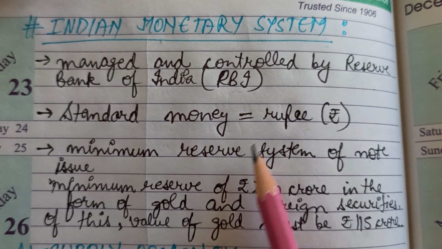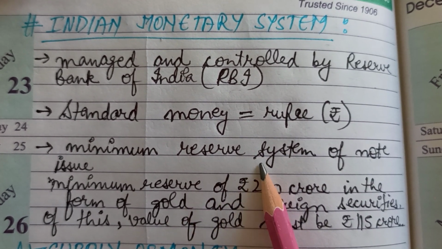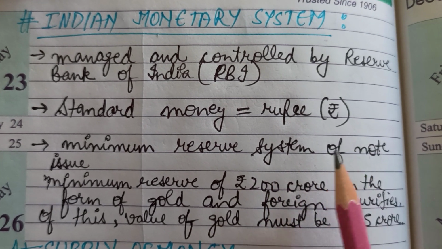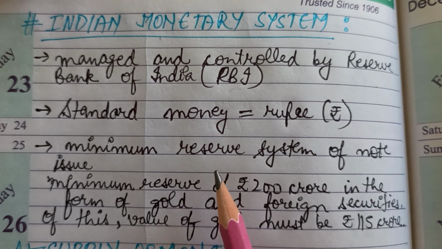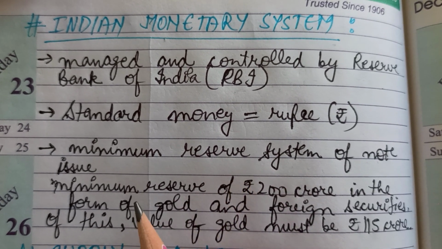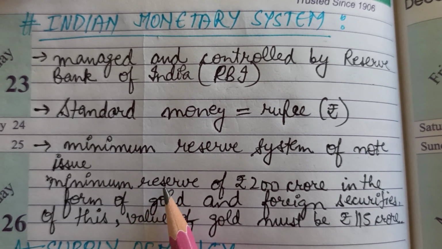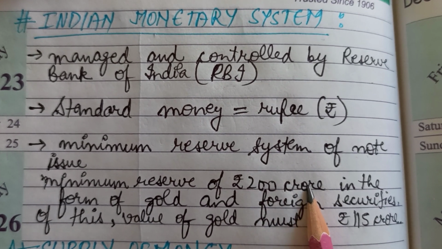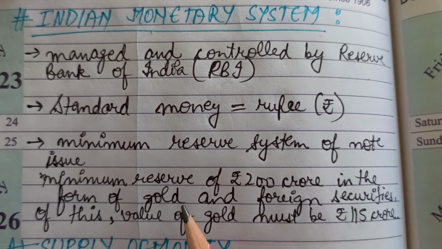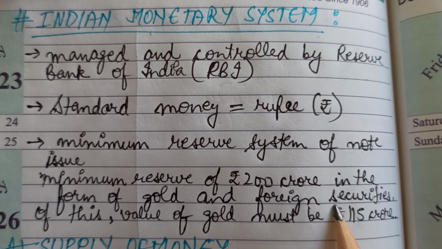And the next one is that it works on the minimum reserve system of note issue, which means that the Reserve Bank of India, or the central bank, needs to keep a minimum reserve of rupees 200 crores with itself, which may be in the form of gold and foreign securities.